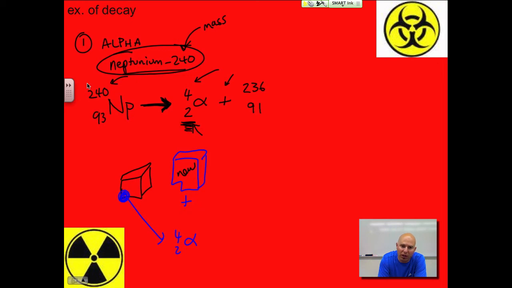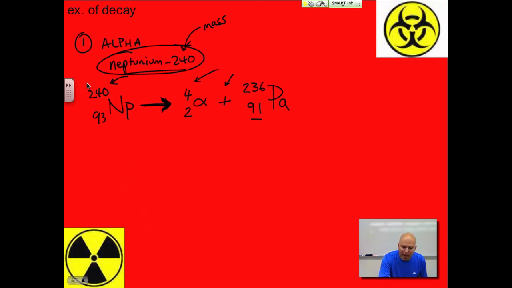Because 2 are gone. We had 93, and so therefore we have 91. So that tells us what the nucleus looks like, the protons and neutrons, on your new substance once it's gone through decay. All you need to do is take a look at the periodic table. Which one is 91? Well, it's protactinium, Pa. Okay? So there's your alpha decay.